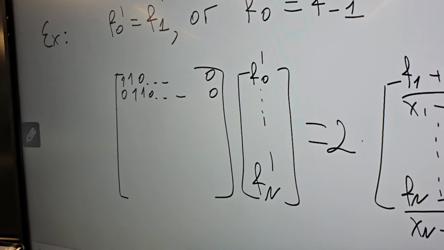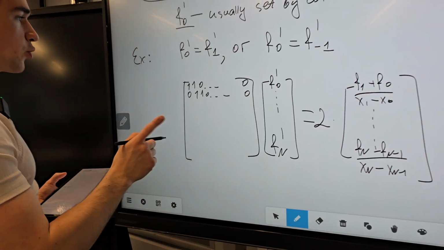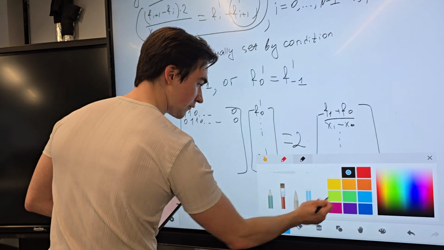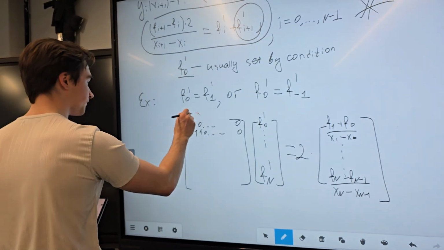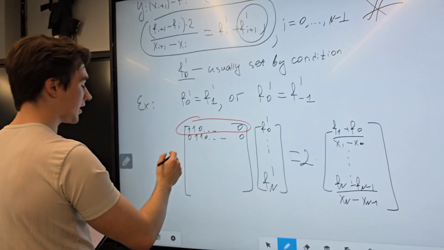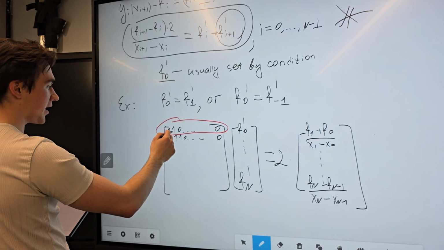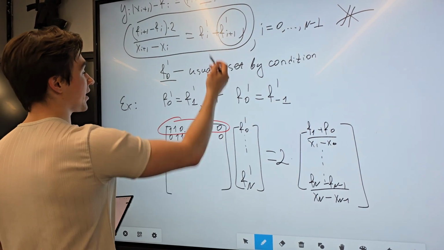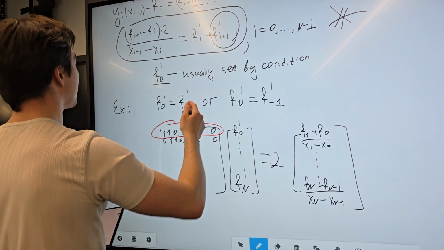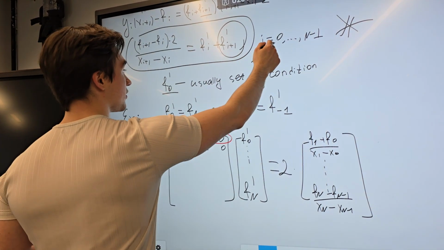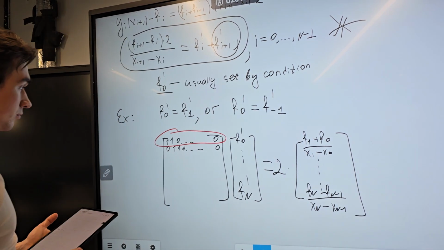However, we need to be careful how we use this matrix, because for the first row, what we get? 1 times f_0 prime plus 1 times f_1 prime. And this is the relation for our i equal to 0.